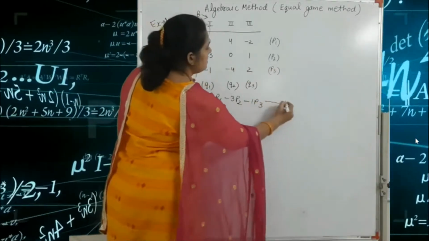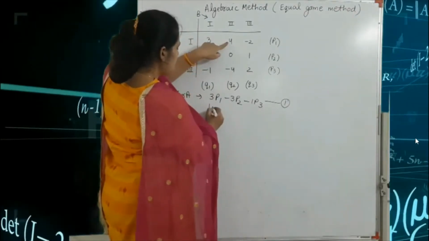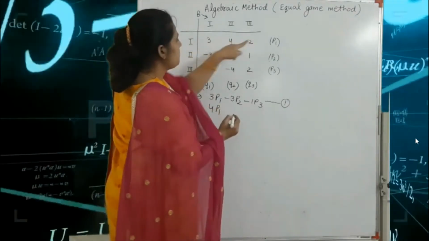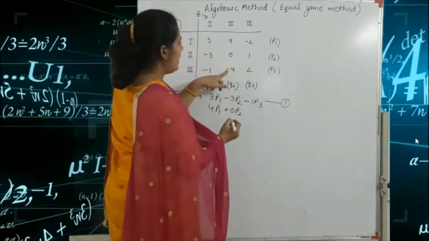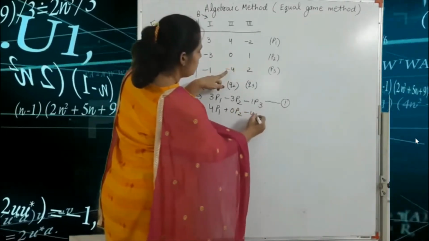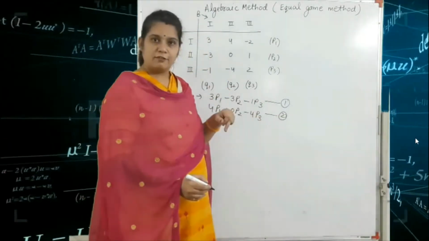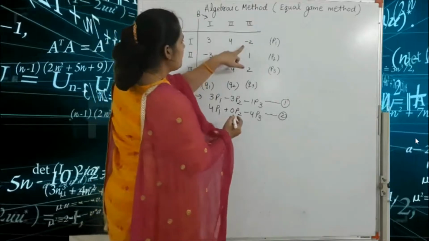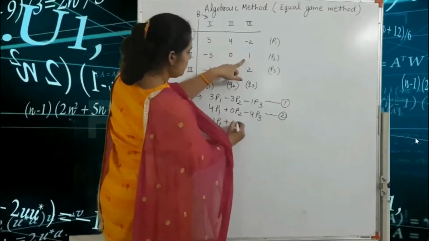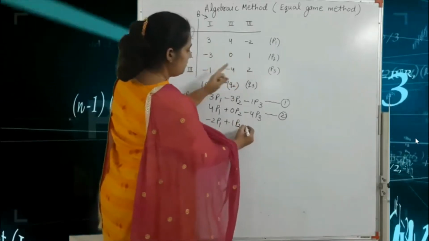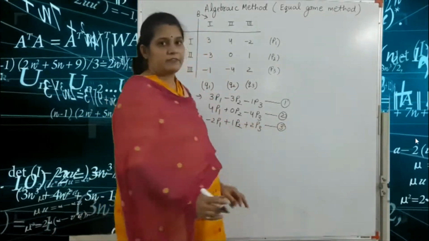The second equation is 4P1 plus 0P2 minus 4P3. The third equation is minus 2P1 plus 1P2 plus 2P3.